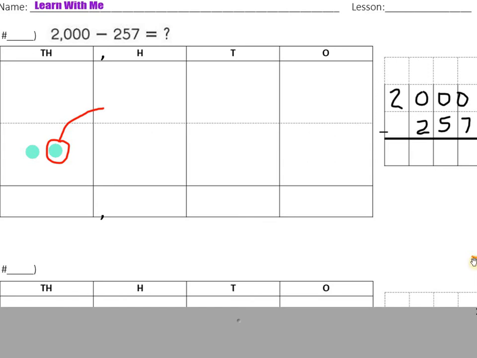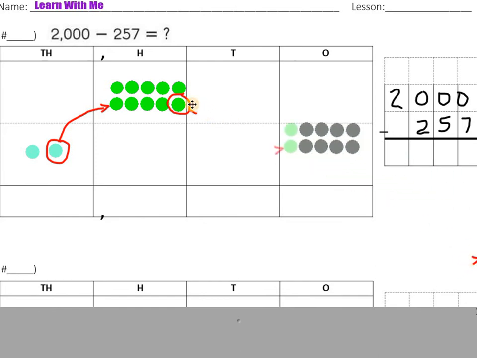And when it becomes hundreds, it becomes 10 hundreds. And now I'm going to take one of these hundreds, and I'm going to regroup it into the tens place. And I know that that 100 becomes 10 tens. And it looks like that. I have 10 tens now.